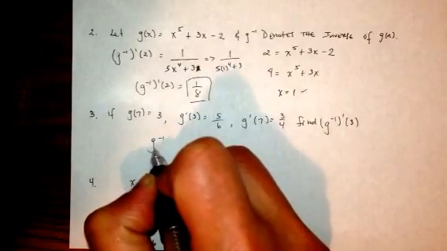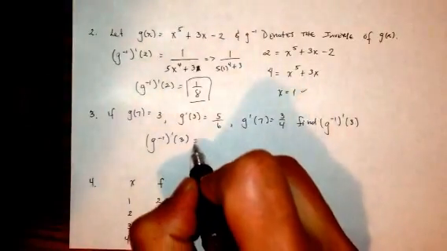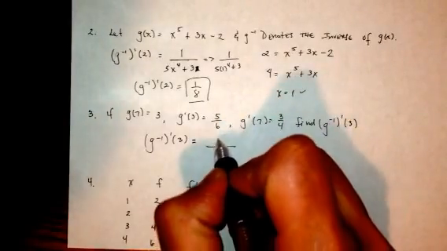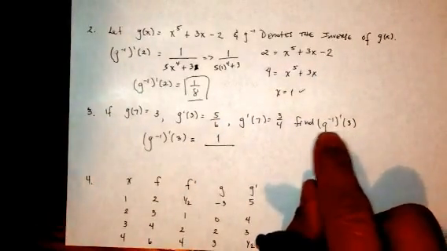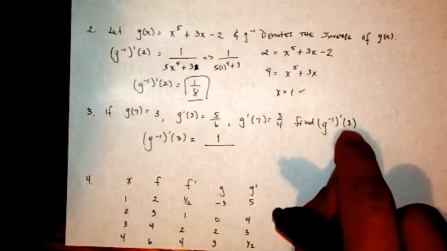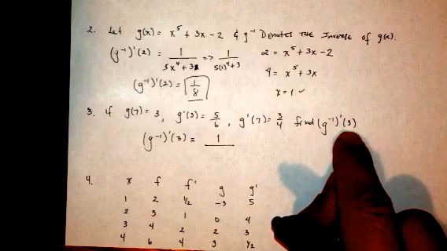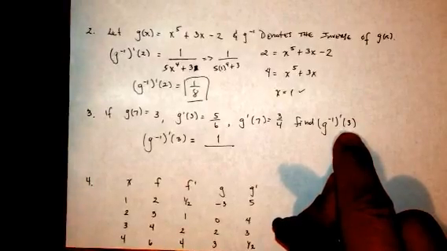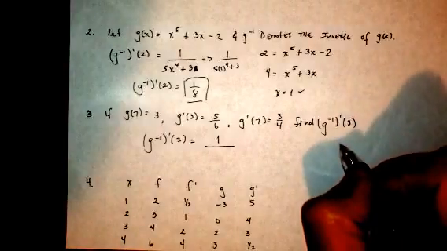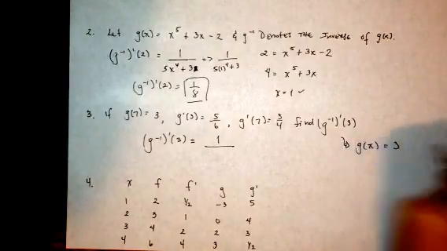We know that it's 1 over... this is the inverse, right? So this is the y value of the original function, the g. So you can think about it as g of something equals 3.